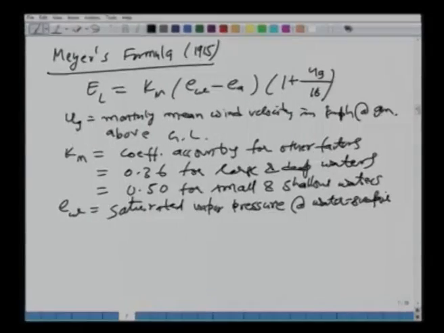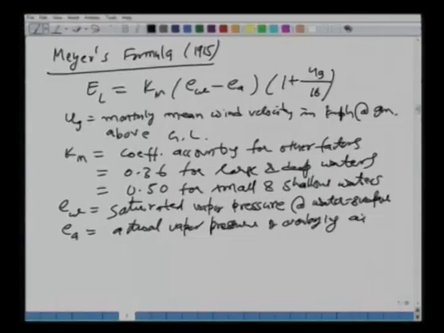It depends upon the temperature, and we have seen its expression already. And EA is the actual vapor pressure corresponding to the relative humidity at that point of time, the vapor pressure of the overlying air at a specified height.